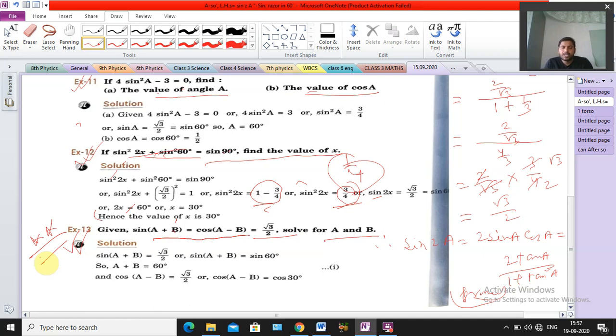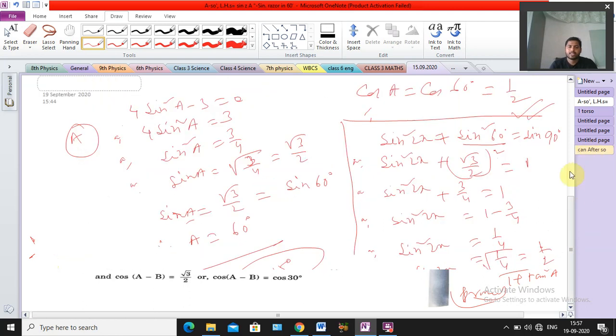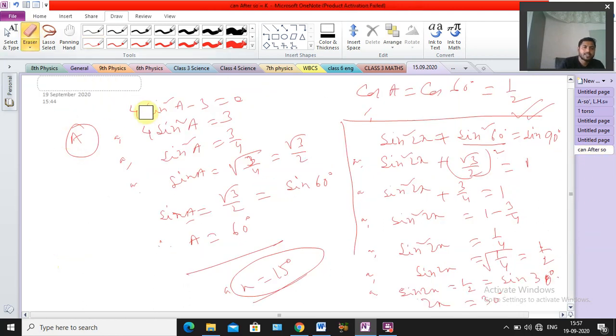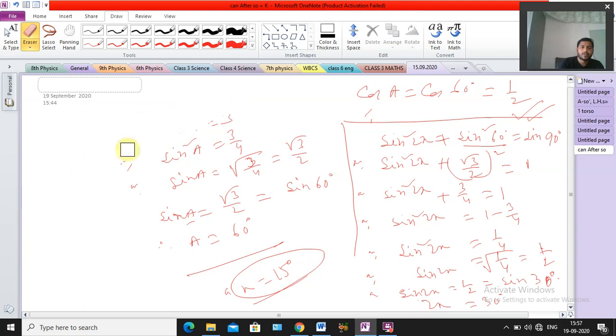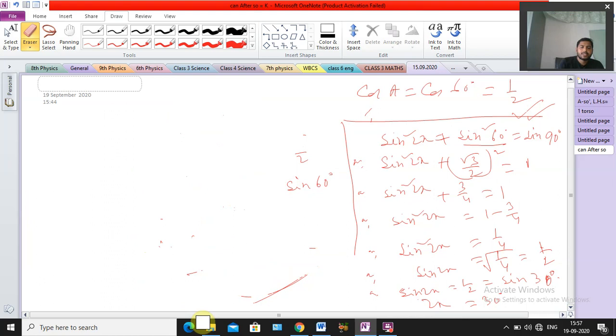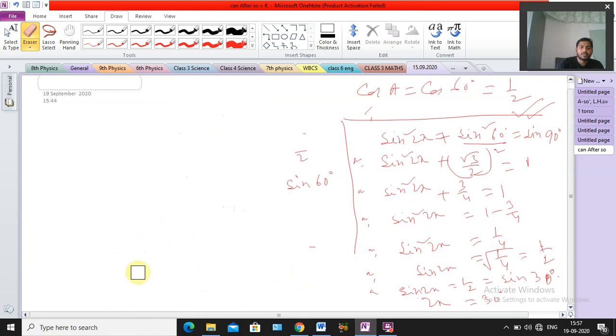So what is the given data? At first you have to write it, whatever is given.